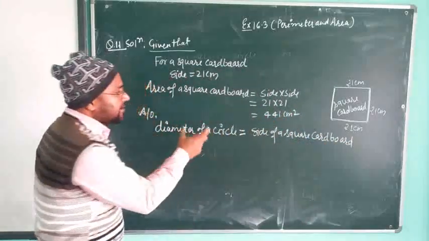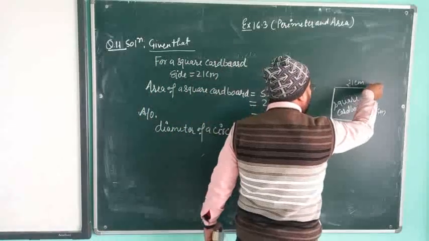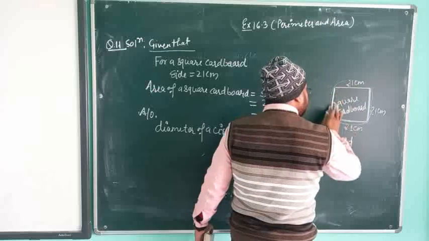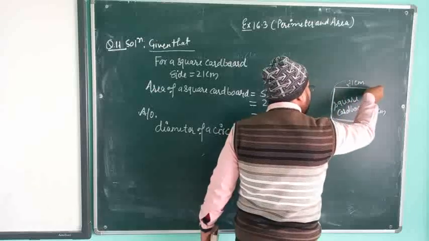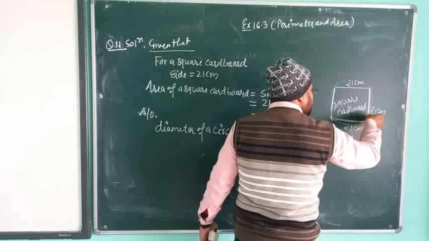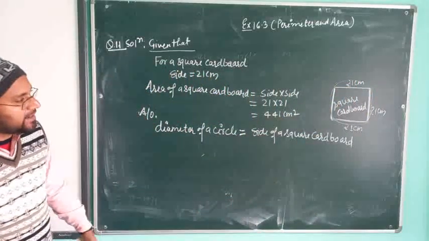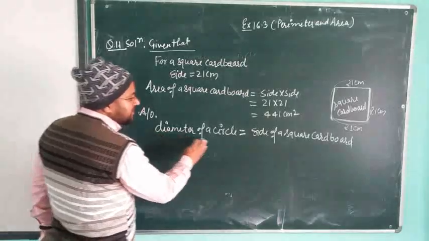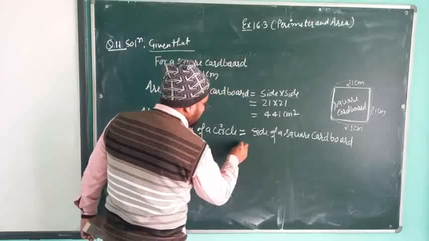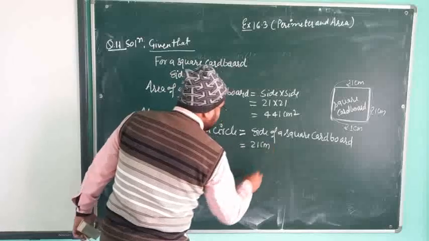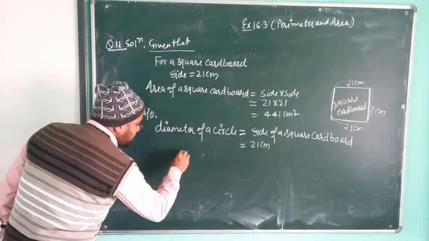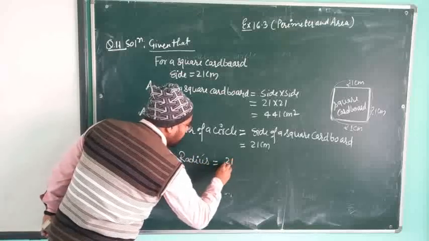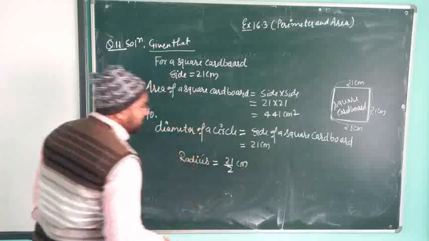Means that the circle which is taken out is according to this side. We are going to take this maximum area, so we can cut that circle according to its side. So the diameter of the circle is equal to the side of the square cardboard, and that is 21 centimeter. So the radius is equal to 21 by 2 centimeter.